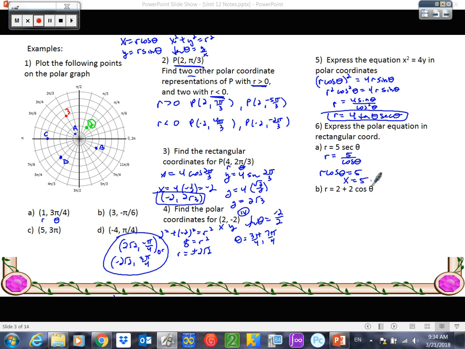So let's talk about this. This is kind of a strange polar graph. Most polar graphs are all curves. This polar graph, 5 secant, is x equals 5. And they match each other perfectly. If I graph x equals 5 in Cartesian coordinate form, you know what that looks like, right? You'd go over to 5, and put a straight line here, that's what it's going to look like in polar form too.